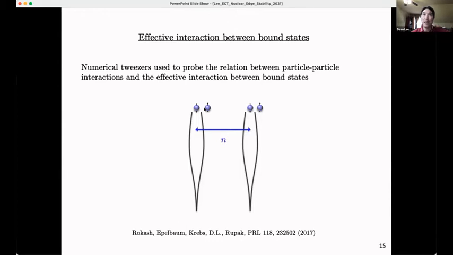So we have spin up and spin down particles that have some interaction that attracts them to each other, but we pin the spin down particles. You can think of giving them an infinite mass, and then calculating the effective binding energy as a function of the separation between the pinned spin down particles. So if you want to read more about this, you can take a look at this PRL from 2017.